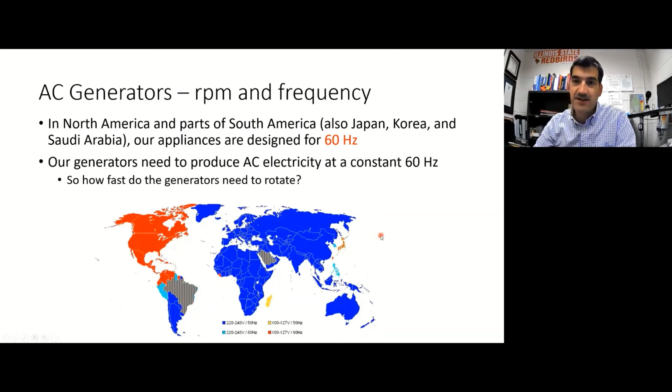And as you might imagine, looking at this graph, the equipment produced in Germany was designed to produce 50 hertz AC electricity, and the equipment that was designed and built in North America was designed to produce 60 hertz AC electricity. So a long time ago, when Japan was building its electric grid, it started by building a little grid in the south of Japan and a little grid in the north of Japan.